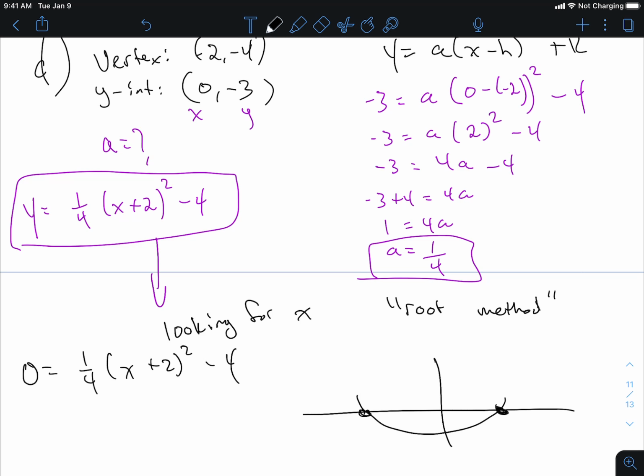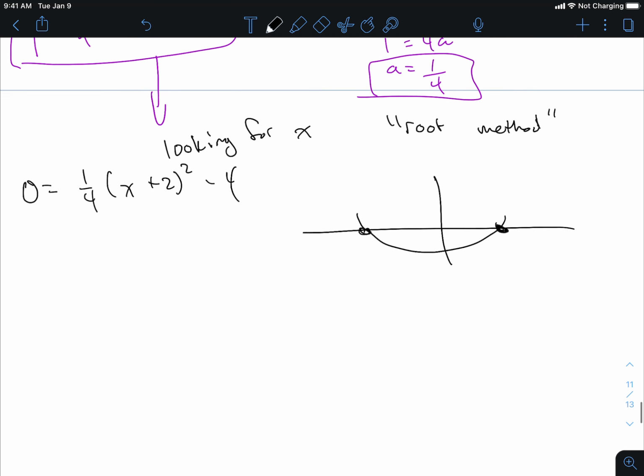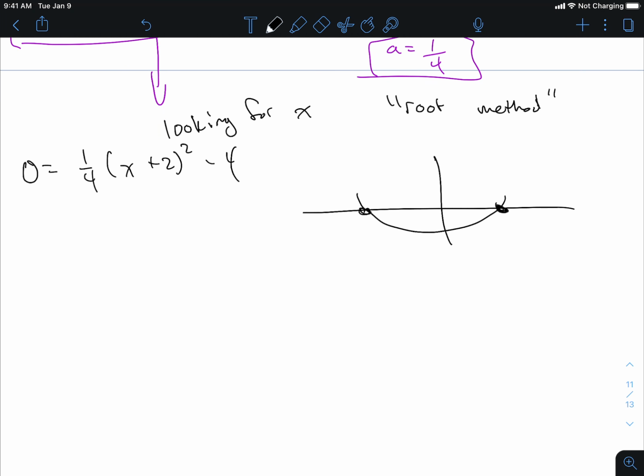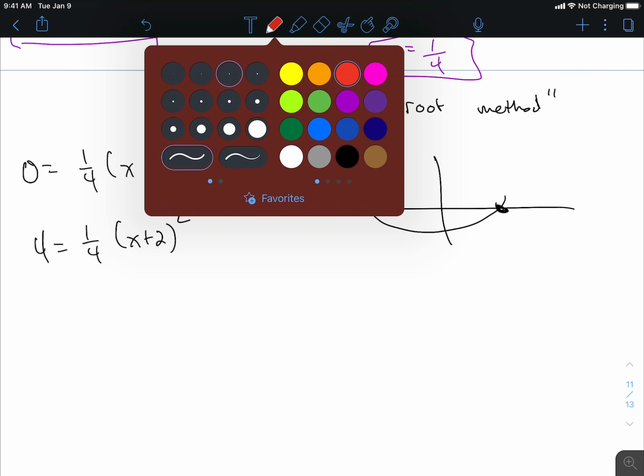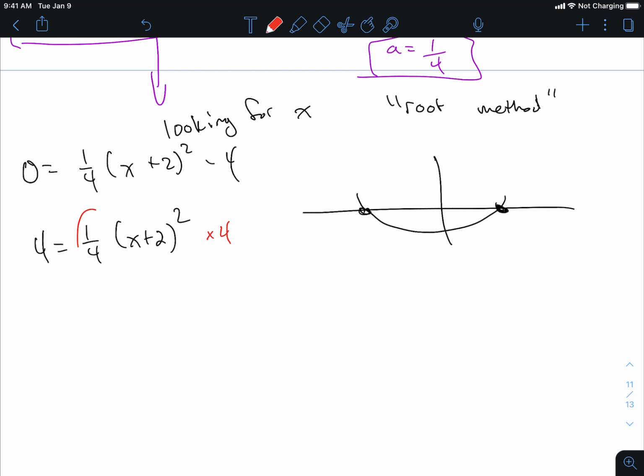You're going to solve for x and see what happens. Bring 4 over. It becomes 4 equals 1/4 (x plus 2) squared. Multiply both sides by 4 because of the 1/4. So I get 16 is equal to (x plus 2) squared.